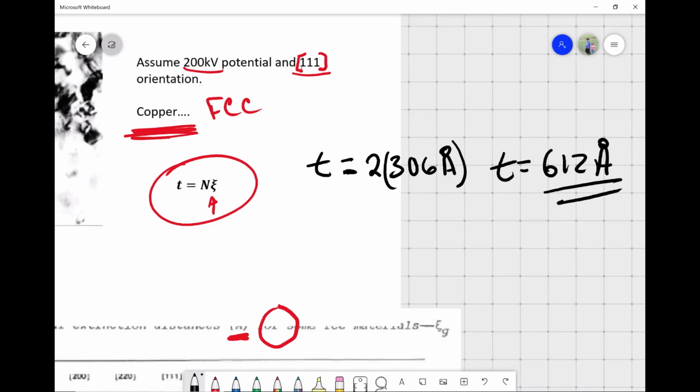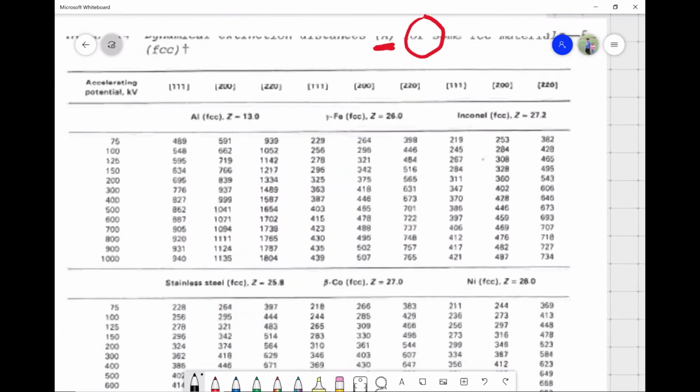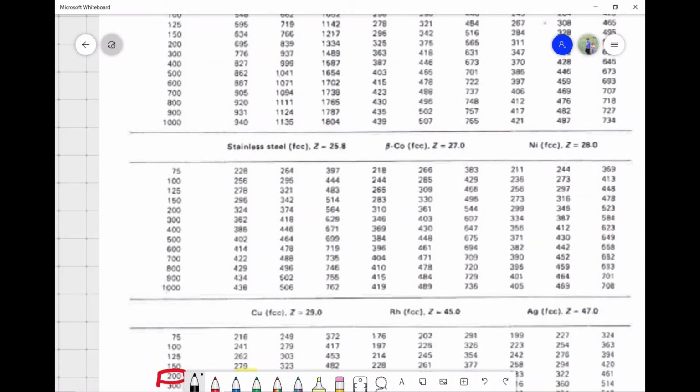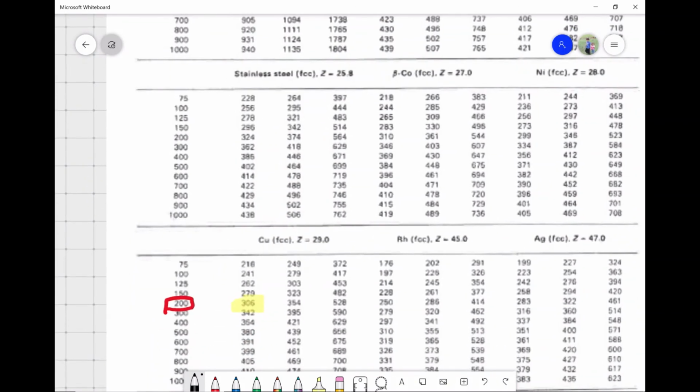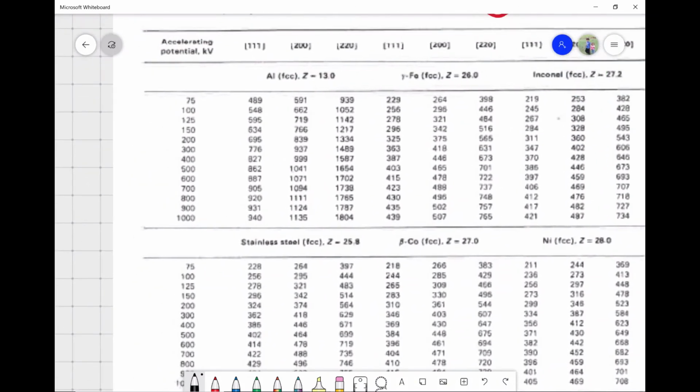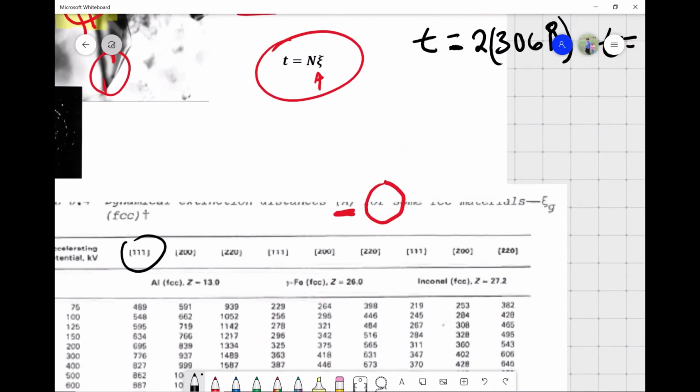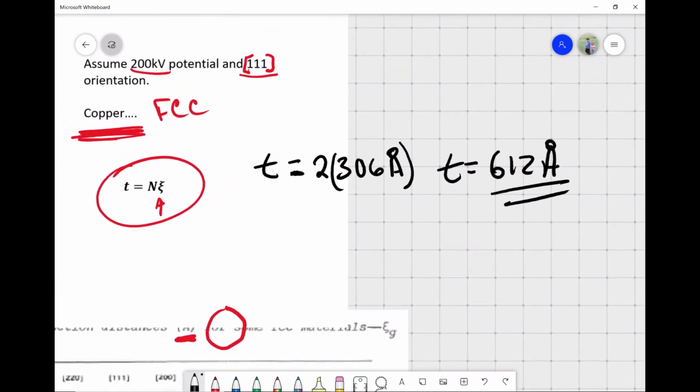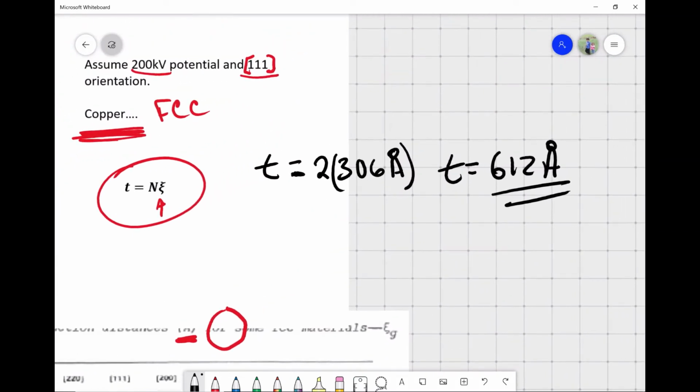Hopefully this is helpful. It's basically just reading off a table and plugging and chugging. So 306, just double checking I did it right, 111 orientation, and we're good to go. Hopefully this is informative and helps you in your future TEM endeavors.